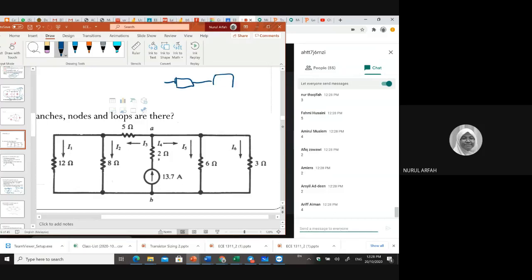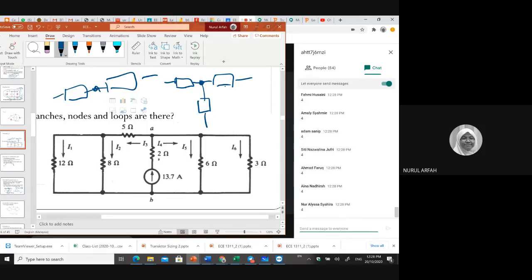A node is when you have 2 branches or elements connected at a single point. 2 or more, right? 2 or more branches connected at a single point like this. So if you have this, then you will have one single node, including if you have something like this, then this is also one node. Yeah, majority says 4.